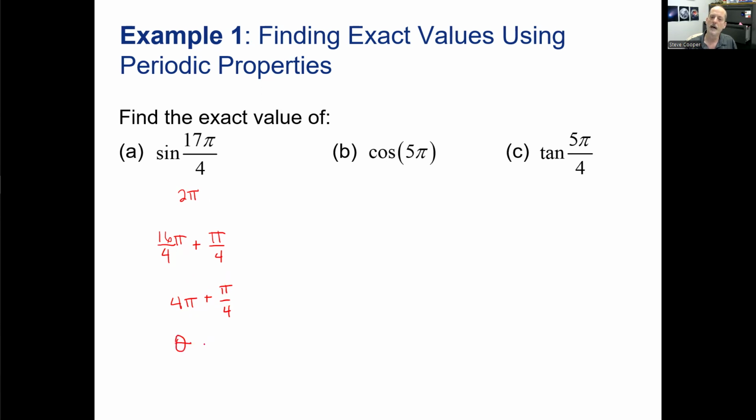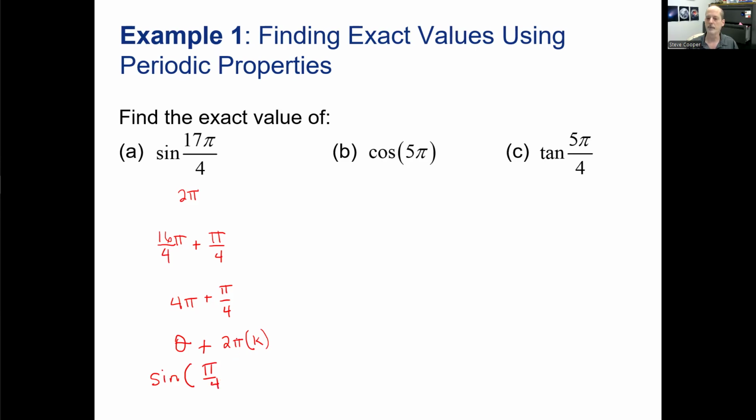So remember we did theta plus 2 pi times some integer k, right? So in this specific case, what we're really looking at is a sine. Pi over 4 is our theta.